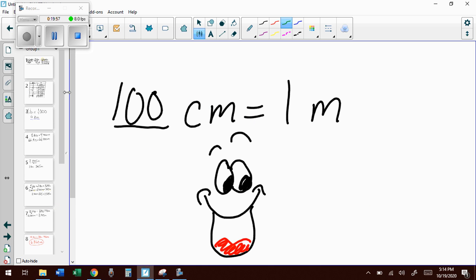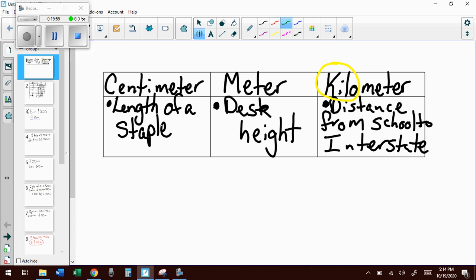All right. Quick review, just run through it quick. Centimeters, they measure small things. 100 of them equal 1 meter. A meter, on the other hand, measures the bigger things, but not the huge things.